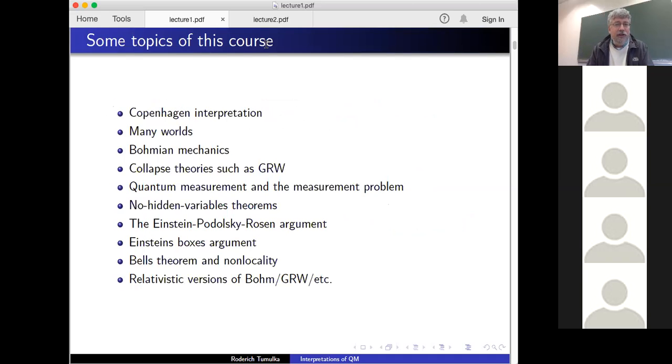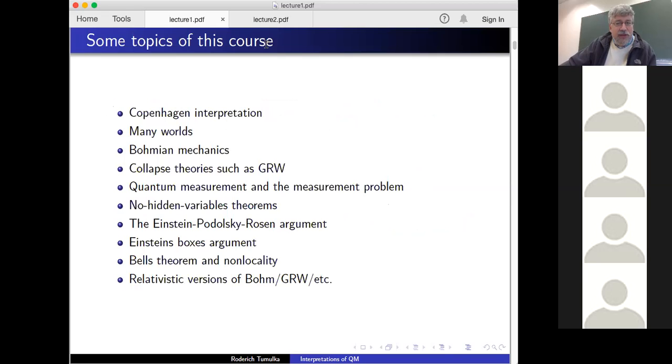Here are some topics that I will touch upon in my 4 lectures today and tomorrow. The Copenhagen interpretation, many worlds, Bohmian mechanics, collapse theories such as GRW. GRW stands for Ghirardi, Rimini, Weber, the 3 guys who came up with the first collapse theory that actually works.